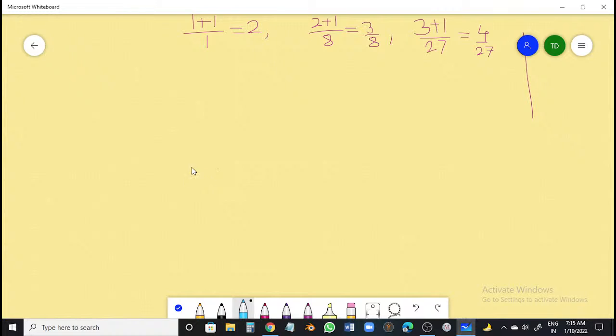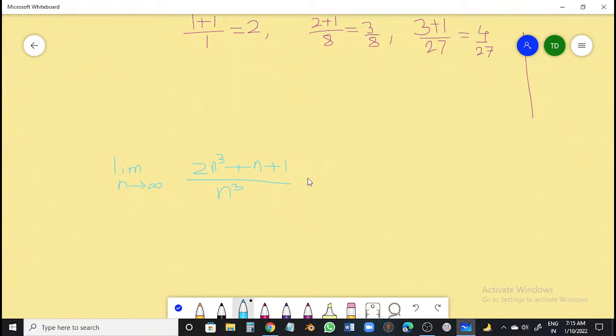So our terms are 2n cube plus n plus 1 divided by n cube, and we want to see what happens when n goes to infinity. So let's apply the limit on it. Limit n tends to infinity.